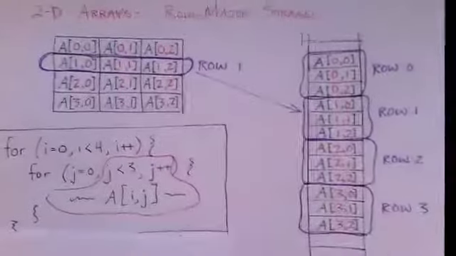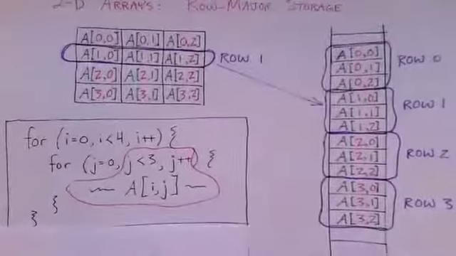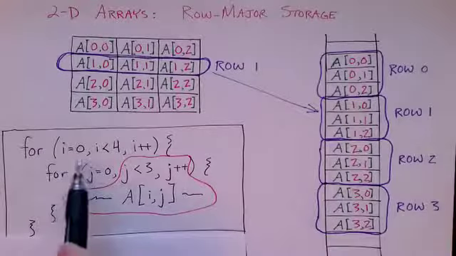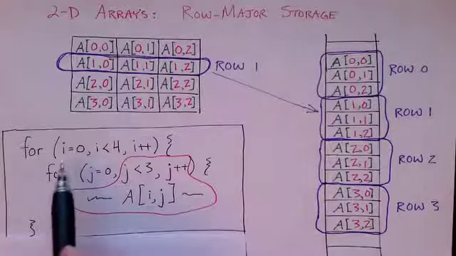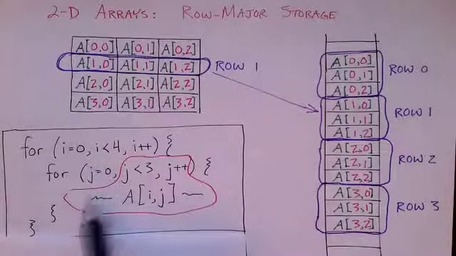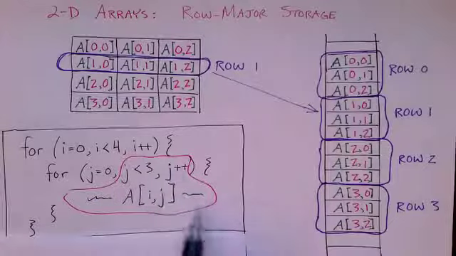So here's a piece of code that goes through this array. And it's a two-dimensional array, so the programmer has coded it as a doubly nested loop. So the inner loop, I've circled in red here.